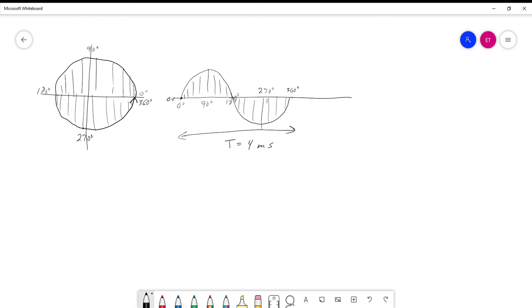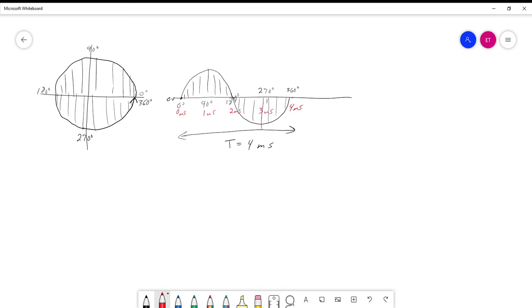Let me put some times in here. This could be 4 milliseconds to get all the way through one cycle. So halfway through, 2 milliseconds. This is time 0. At 1 millisecond, I'm at 90 degrees. 3 milliseconds.